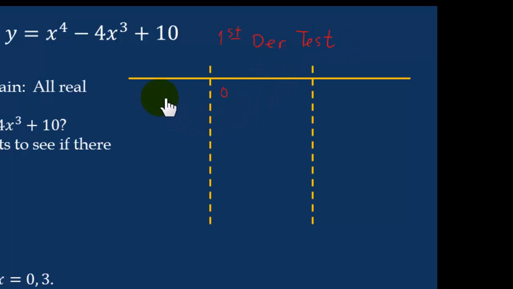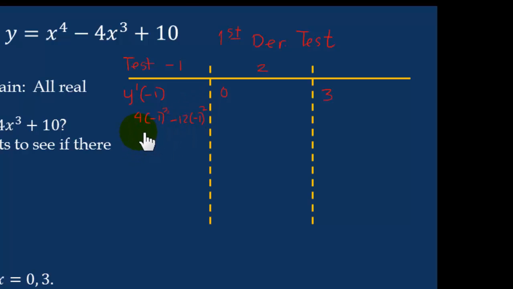If there's a change of sign in the first derivative, then we will either have a local max or a local min. So let's test -1, and then between 0 and 3 we can test 2. y prime at -1 would be 4 times -1 cubed minus 12 times -1 squared.